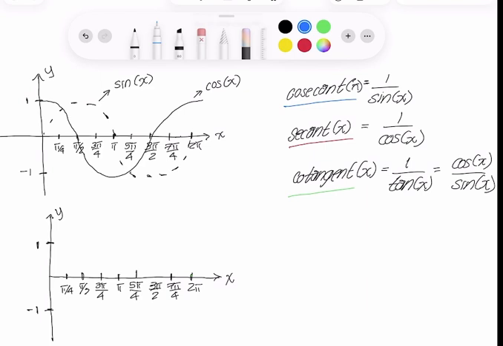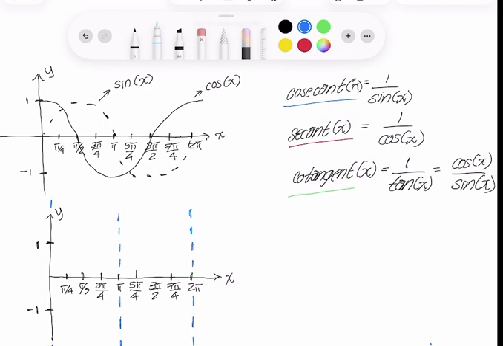So now we'll do the following demonstration. We have cosecant equals 1 over sine. Here we have sine, which starts at 0 and becomes 0 at pi and also at 2 pi. So in that case, it's going to have boundaries at 0, at pi, and at 2 pi.